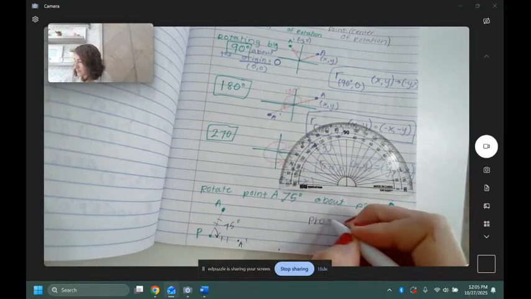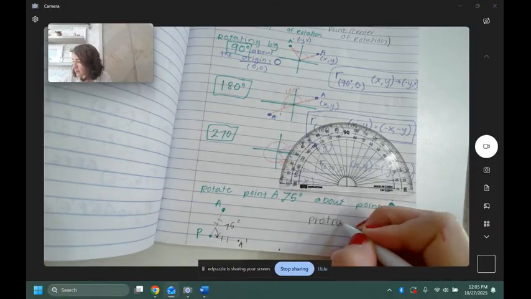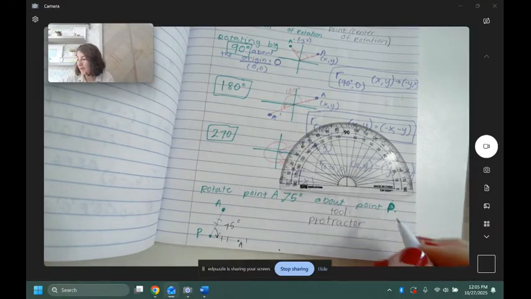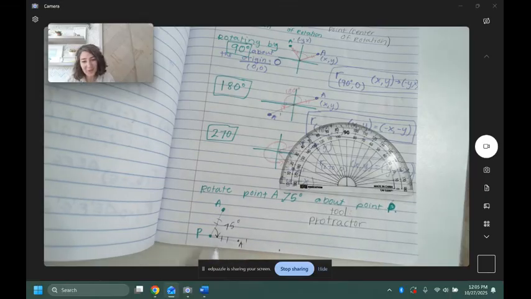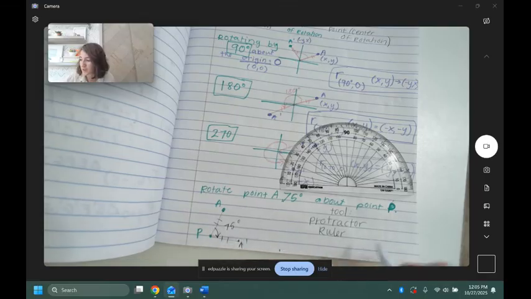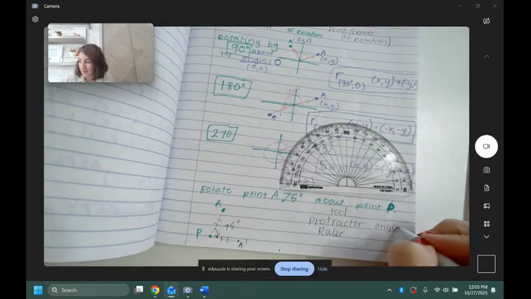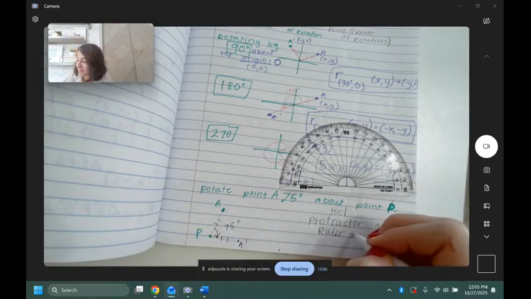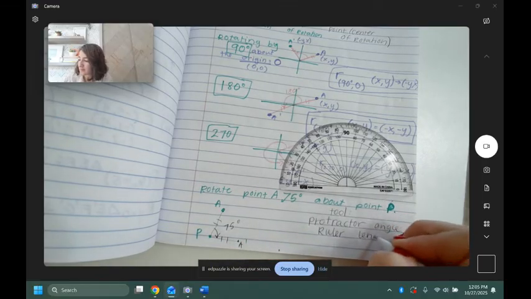We'll write down the tools you need: a protractor and a ruler. The protractor turned the angle, and then the ruler made the two line segments the same length.